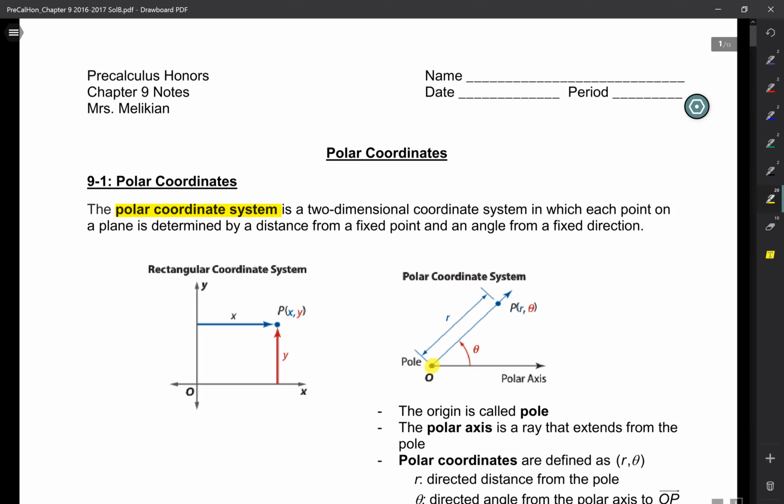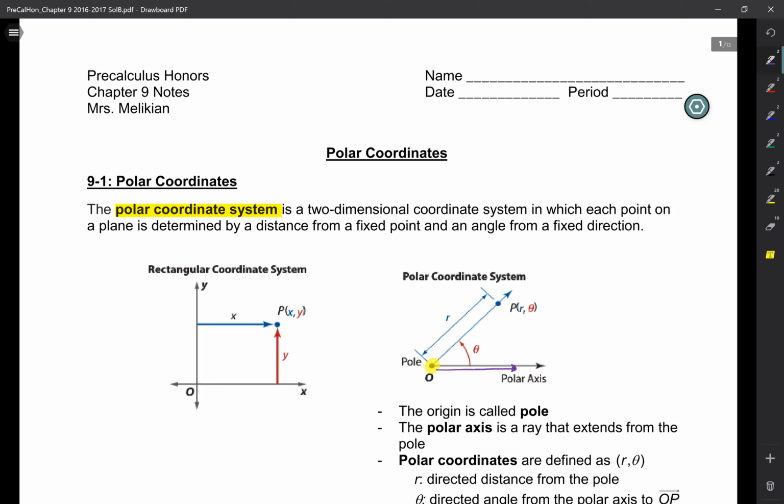what you're going to do is go radially out in a certain direction, let's say 3 units, and then you're going to rotate by a certain angle and you're going to get to your point. So you go radially out, let's say 3 units, and then you rotate 55 degrees and you get to a certain point.